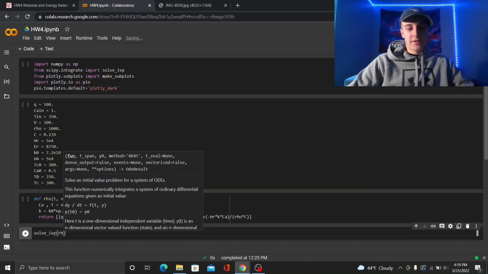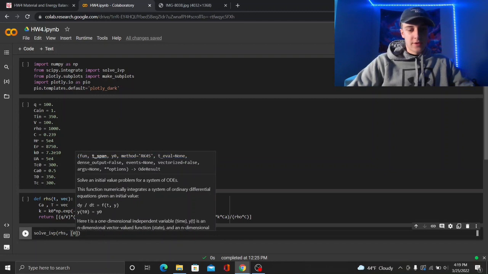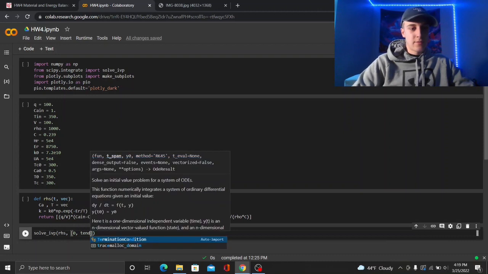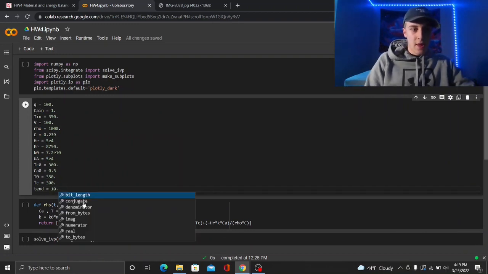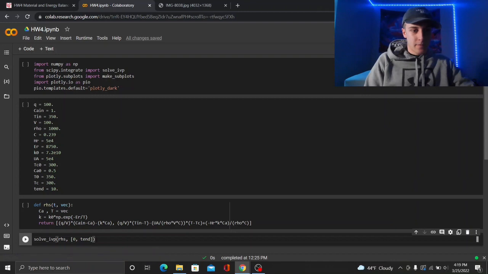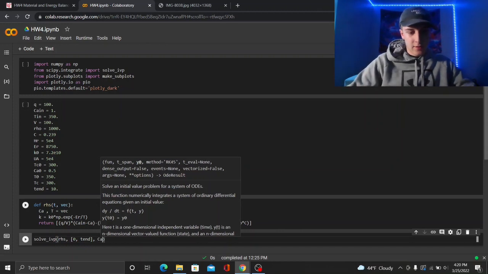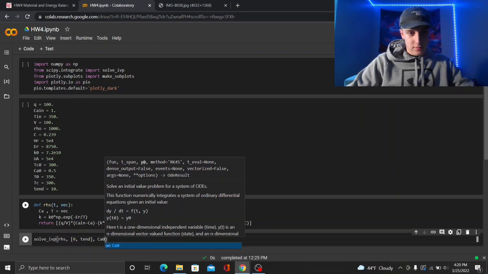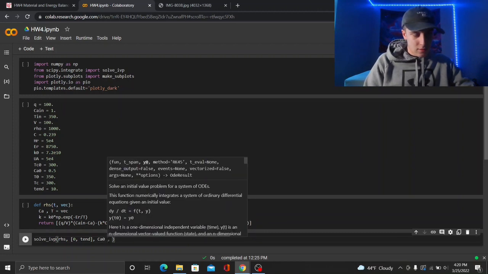Now we can actually use our solve IVP function. And first we need to put in our right hand side function. And then we're going to want the times that we are starting at. So that'll be from 0 to an end time, which I'm going to define as like 10 minutes. And then we need our initial values, so that'll be our CA naught and T naught.